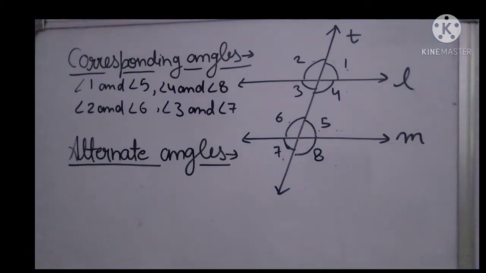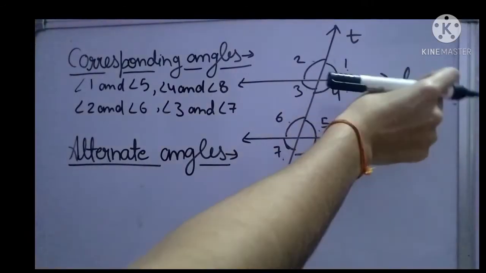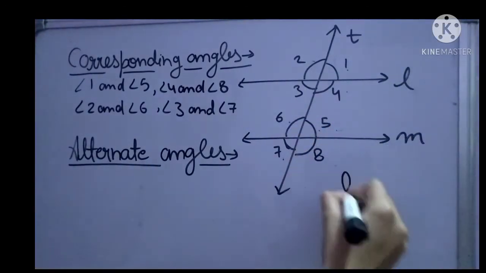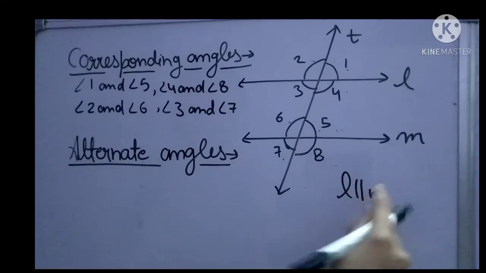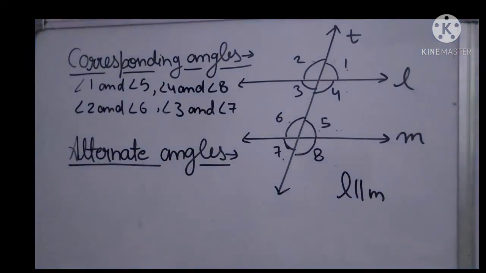Okay, now there is a note that if the lines are parallel, means if line L and M both lines are parallel, this is the sign of parallel, then in this case these corresponding angles are equal.